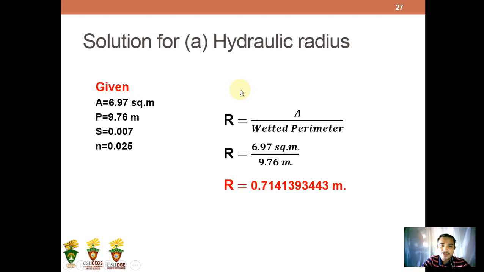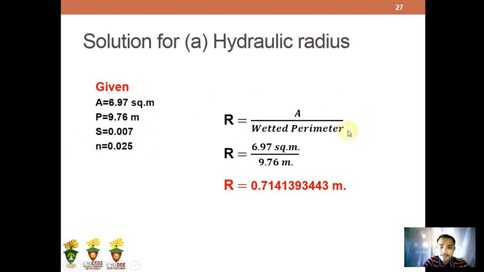So this is the solution for letter A, which is the hydraulic radius. We have here the given area, 6.97 square meter, wetted perimeter 9.76 meter, S is 0.007, and n is 0.025.